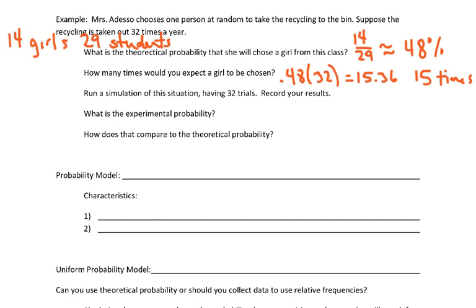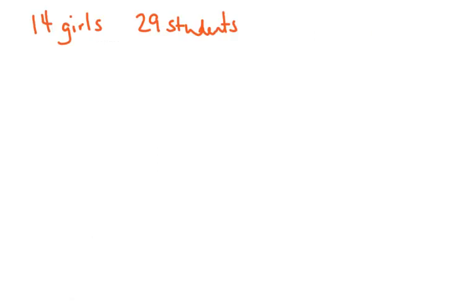Now, what I'm going to do is run a simulation of the situation having 32 trials, and I'm going to record my results. Okay, so I have 14 girls in the class, 29 students are in the class, which means I must have 15 boys in the class.